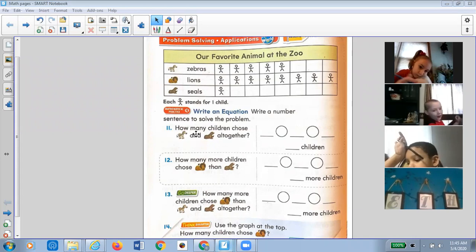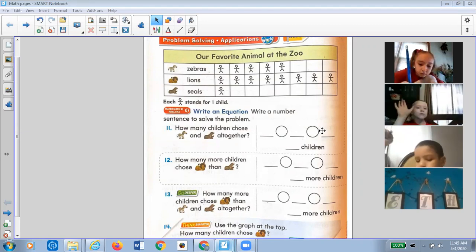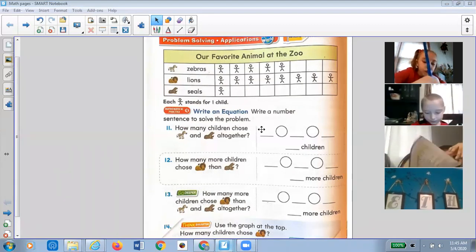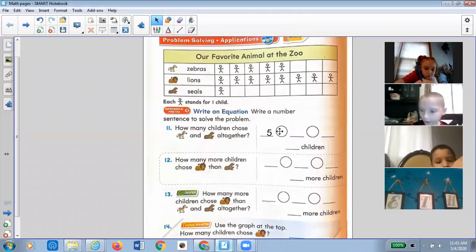The first question asks, how many children chose zebras and seals altogether? They want us to write an addition sentence. So let's just do this one together. So let's look at the zebras. There are 5, so you're gonna put a 5 on that blank, then put your plus sign.